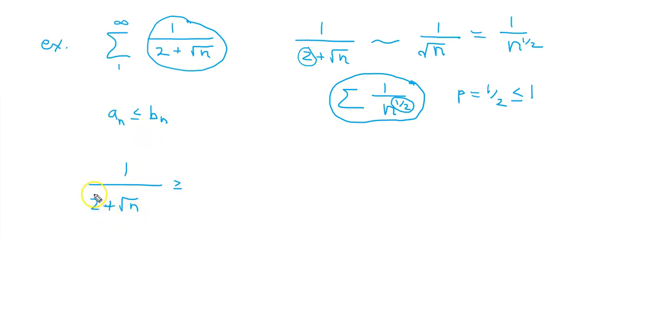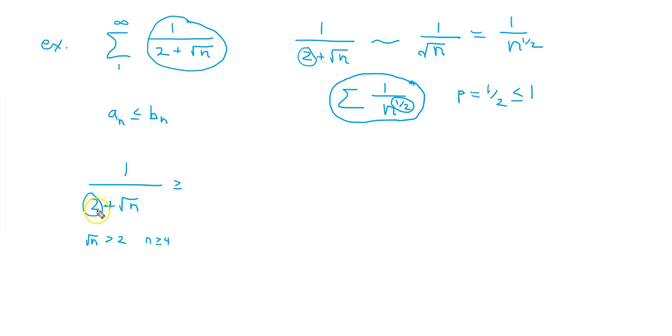So we see that we can replace the 2 with the square root of n. Certainly the square root of n will be larger than 2. Now technically that's only true for n bigger than or equal to 4, but that's okay, just as long as it's true for n sufficiently large.